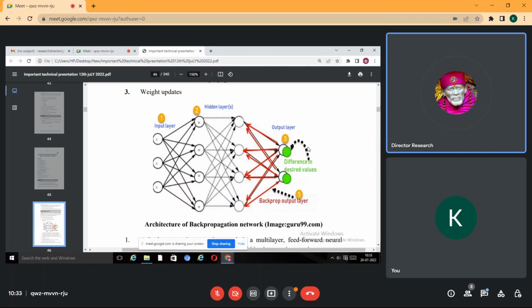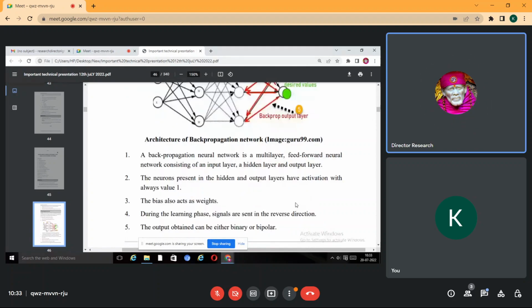The first point is that a back propagation neural network is a multi-layer feed forward network with a hidden layer and output layer. The second point is that the neurons present in the hidden and output layers have bias with activation always value 1.